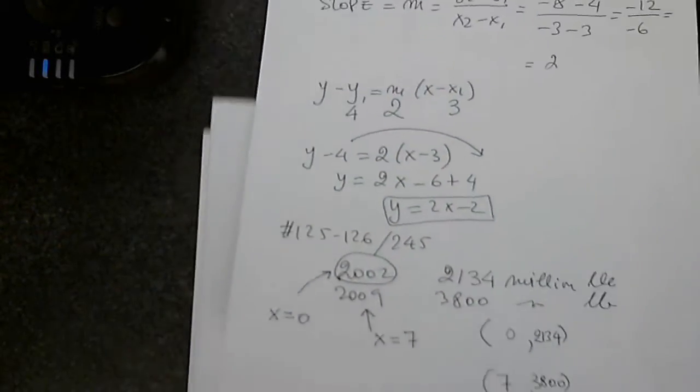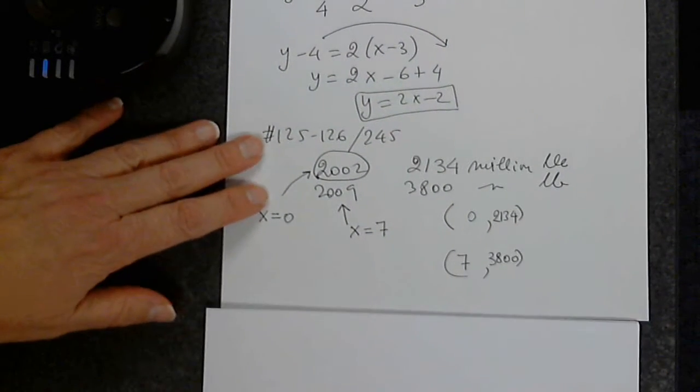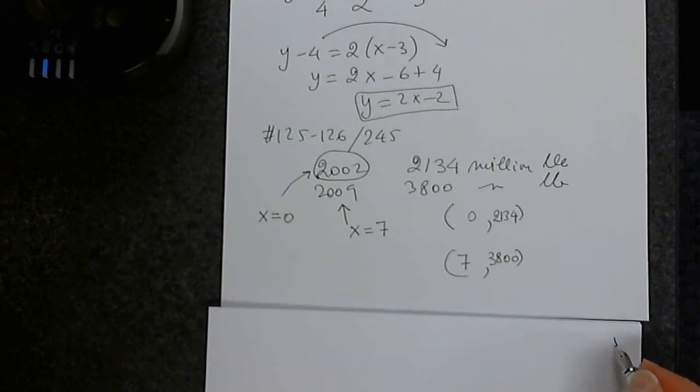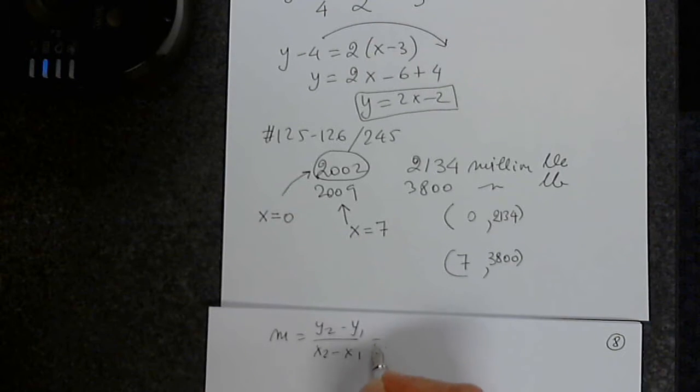Because that's what we have to find first, correct? So first of all, the slope. Yes, y2 minus y1 over x2 minus x1.